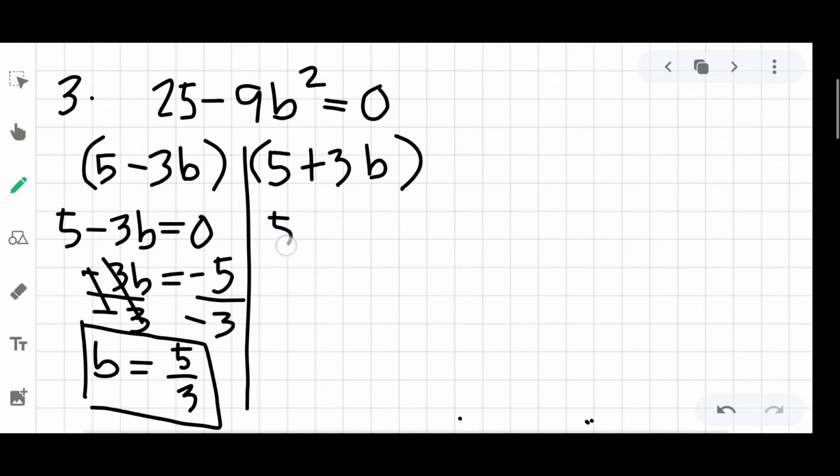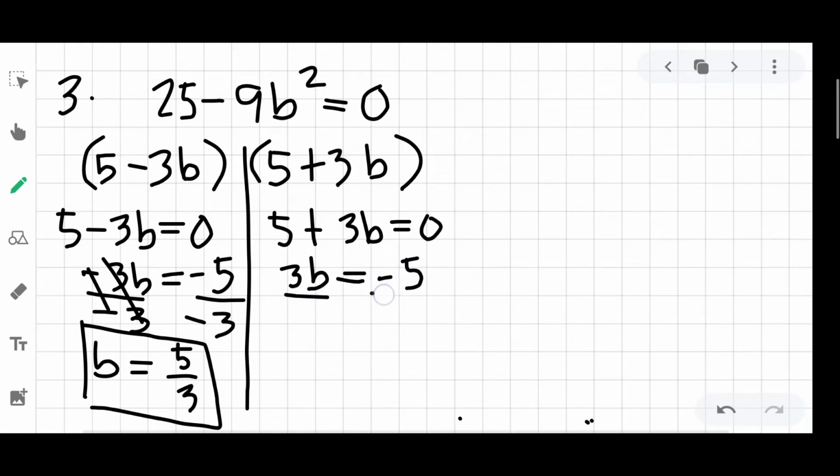Bring down 5 plus 3b equals 0. Bring down 3b. Hindi ko na sinulat yung positive kasi automatically positive na to. Equals. Si positive 5, pag tinranspose natin, magiging negative 5.